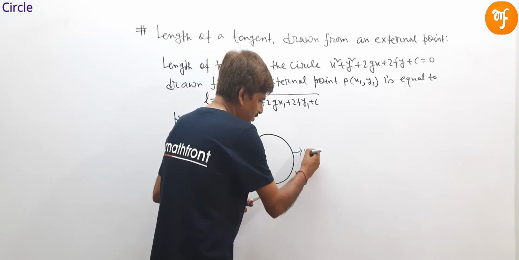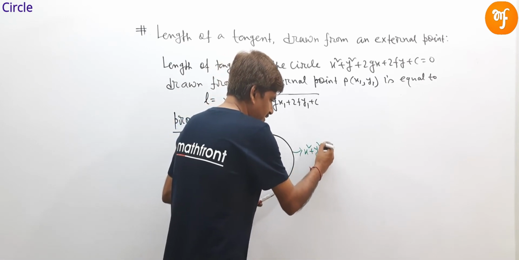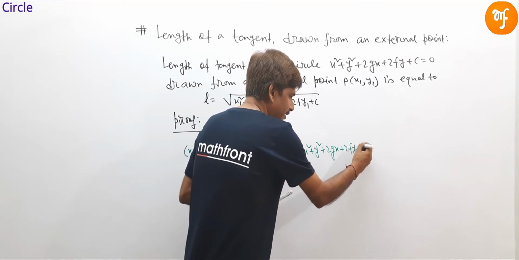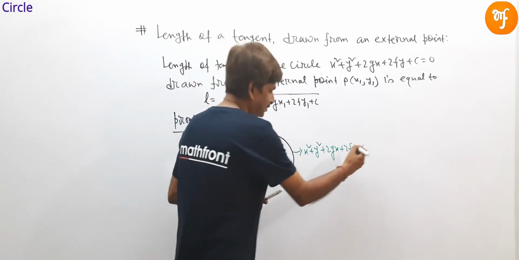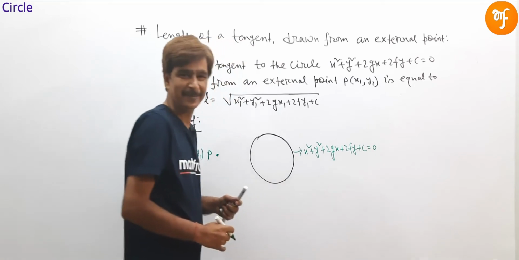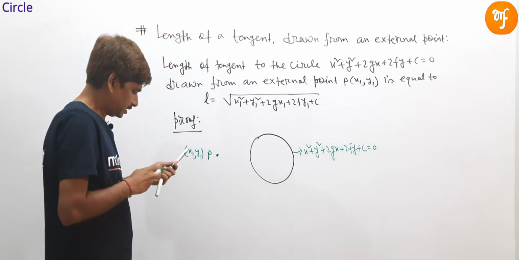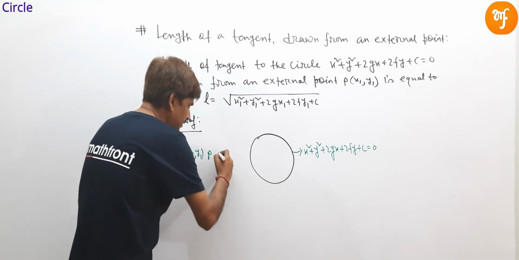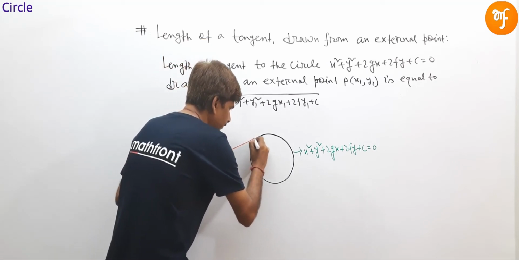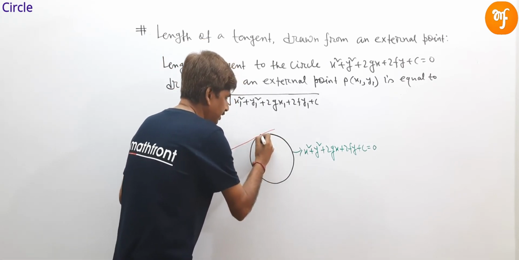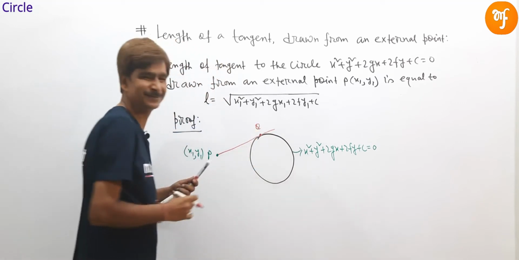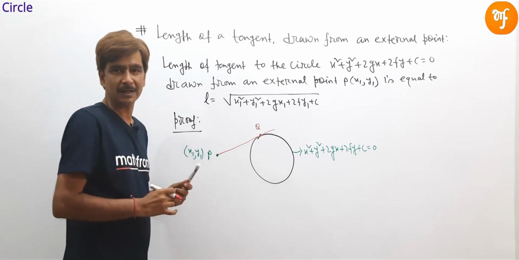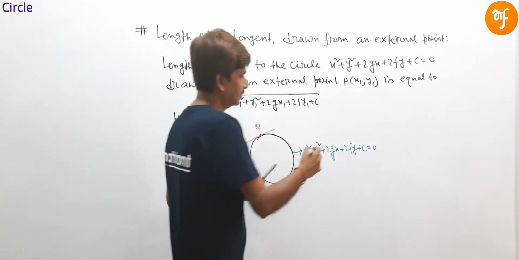The equation of this circle is x square plus y square plus 2gx plus 2fy plus c is equal to 0. Okay, so obviously draw a tangent from this point to this circle. Let the point of contact be Q. Okay, so the length PQ is known as the length of the tangent.